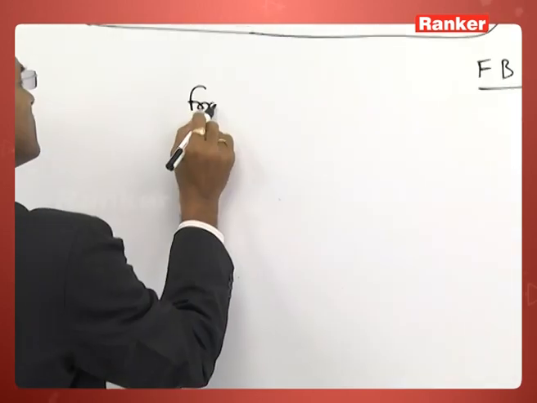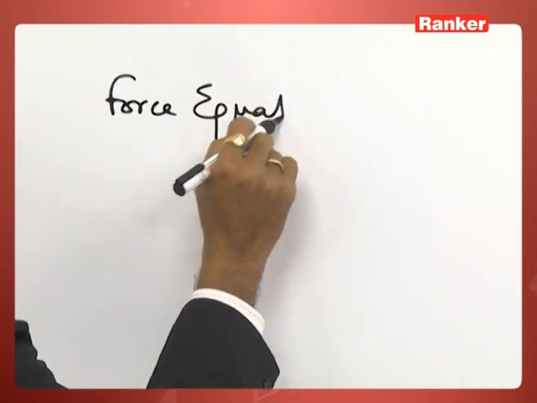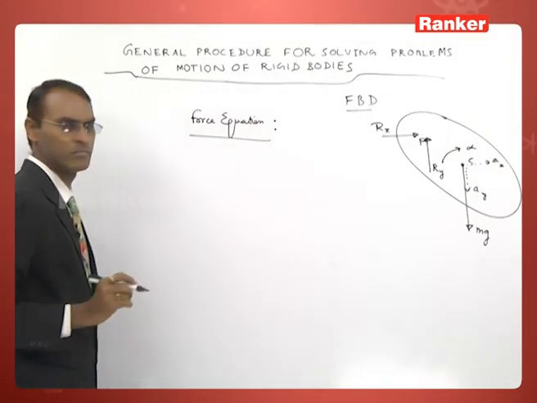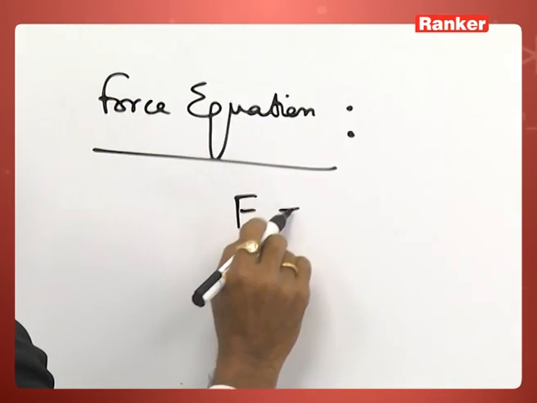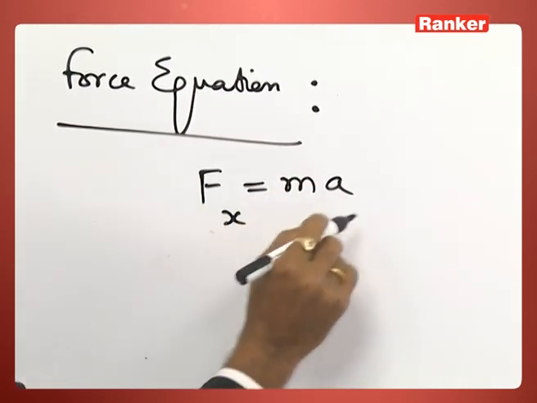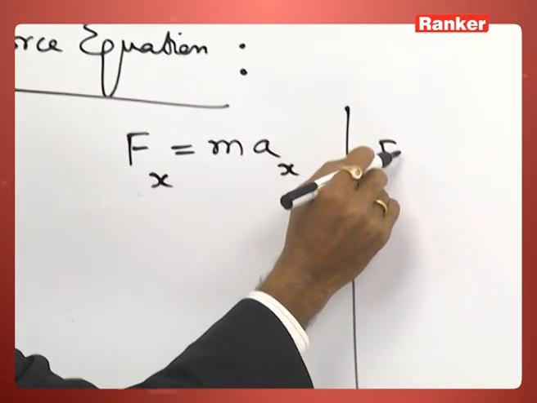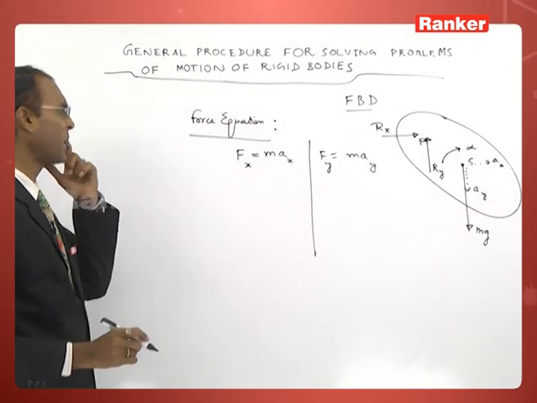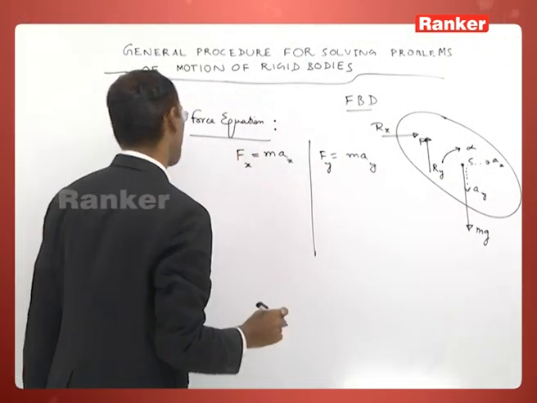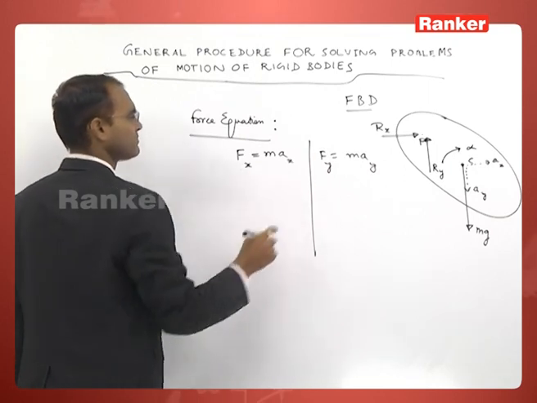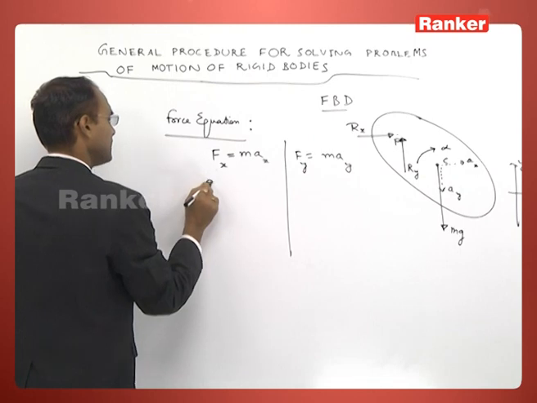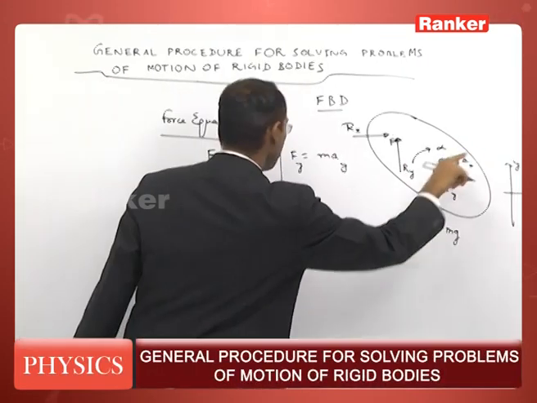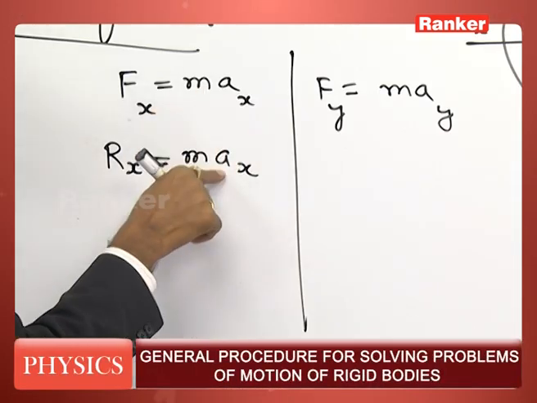Force equation, write first. F is equal to ma along the x direction and along the y direction. a is the acceleration of the center of mass. The net force in this case is Rx in the positive x direction, that is plus, and I have taken ax in the positive x direction, so you can write ax is plus.